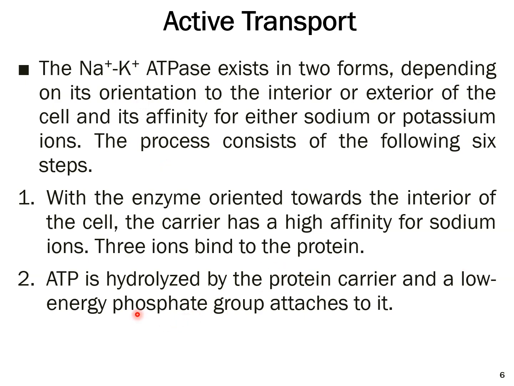The next step is that ATP is hydrolyzed by the protein carrier and a low energy phosphate group attaches to it. So now an ATP molecule is hydrolyzed to provide the energy to this protein carrier, the pump, and a low energy phosphate group attaches to this pump.